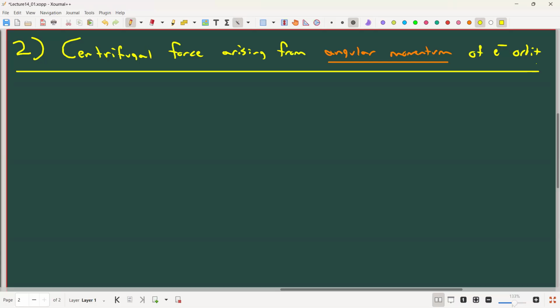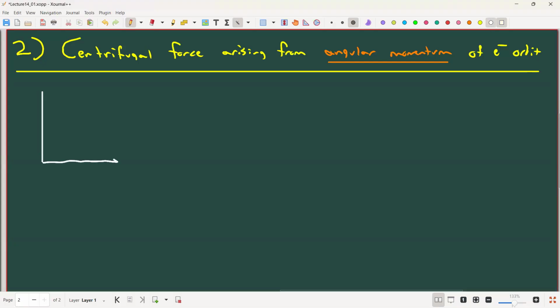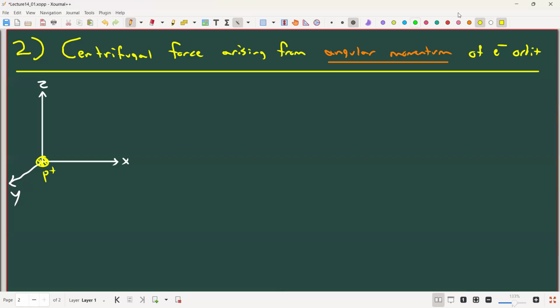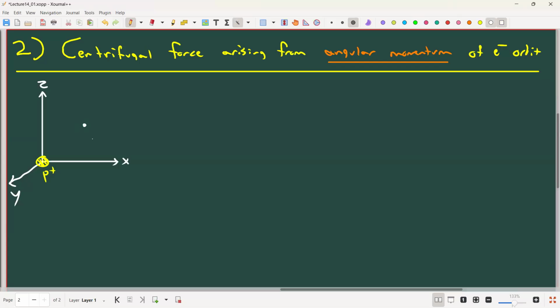Okay, so let's think about angular momentum from the point of view of our electron. Let's go back and define our coordinate system one more time. There's my electron. I have a distance here, my displacement vector r, and we're going to say that the electron has some momentum in some direction.